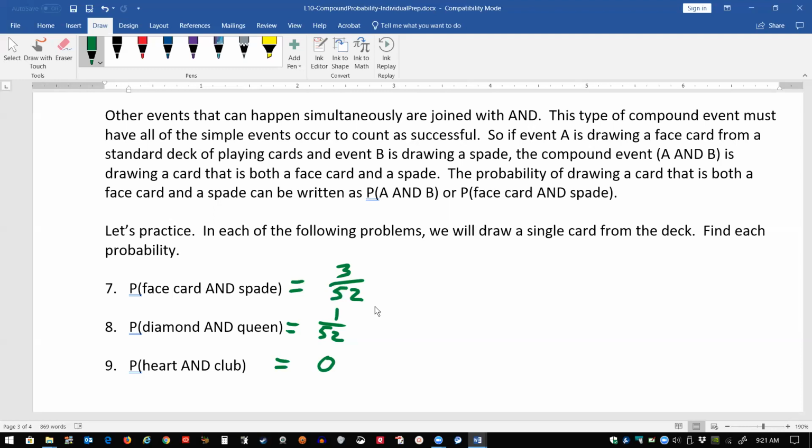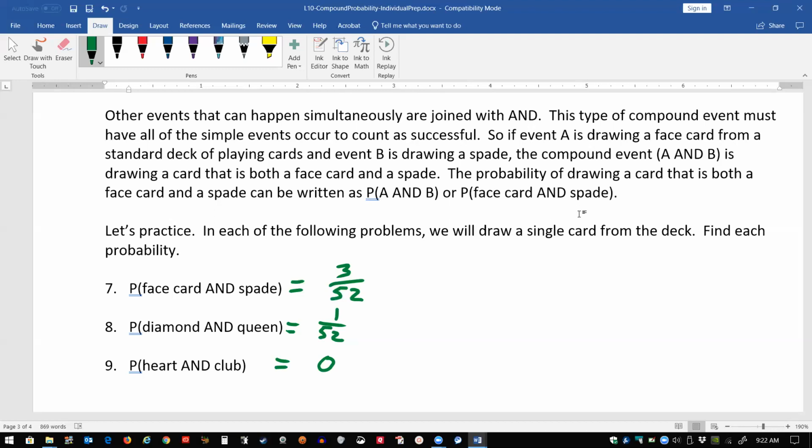Hearts and clubs are mutually exclusive events, right? They can't happen at the same time. Therefore, their probability of happening at the same time is 0. Okay, so there's kind of a conceptual understanding of what and is, okay?